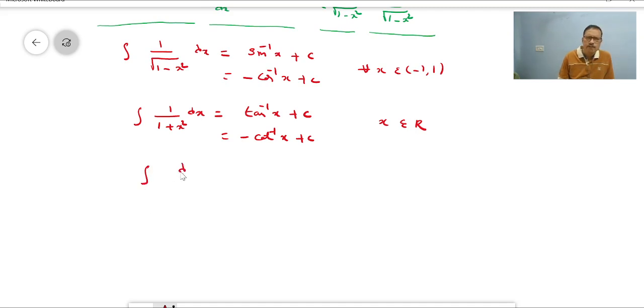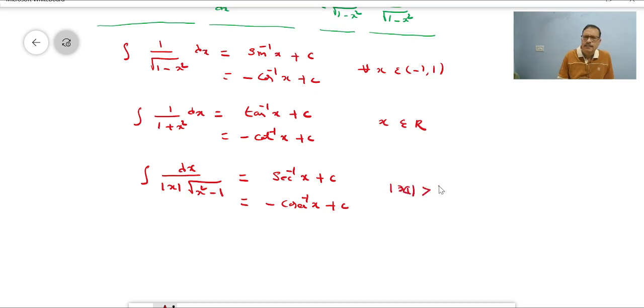Now integral of dx by modulus of x into root of x square minus 1, this is equal to secant inverse of x plus constant, or we can write minus cosecant inverse of x plus constant, where here modulus of x is greater than 1.